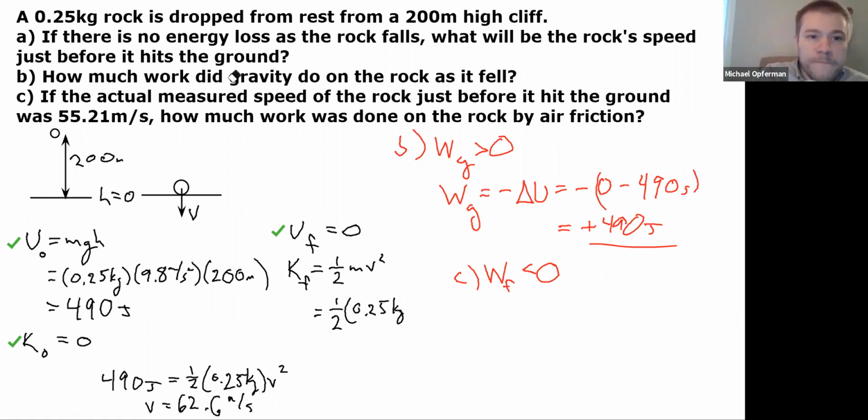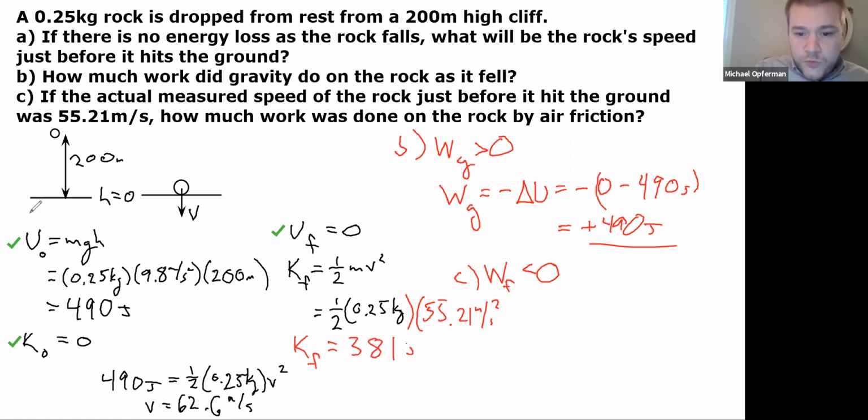So let's put in here the observed final speed, which was 55.21. And that gives me a final kinetic energy equal to 0.5 times 0.25 times 55.21 squared. And that gives me a final kinetic energy of 381 joules.